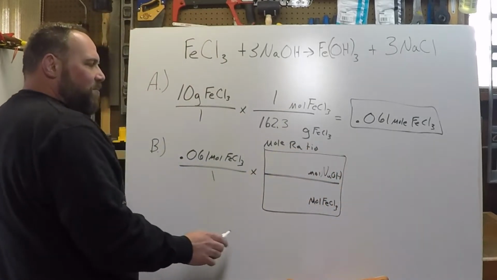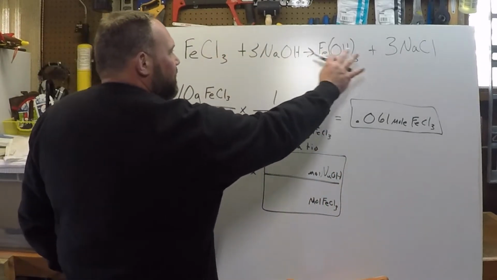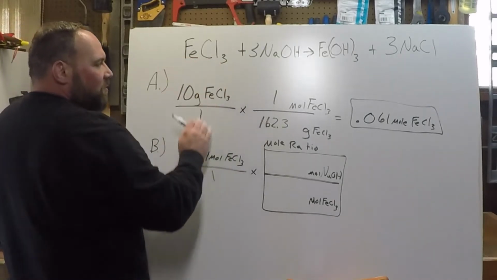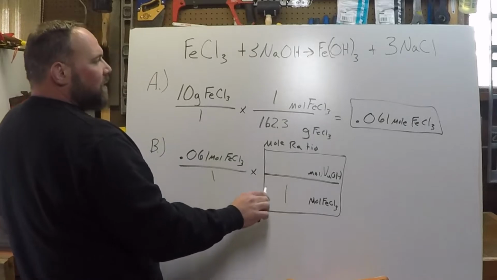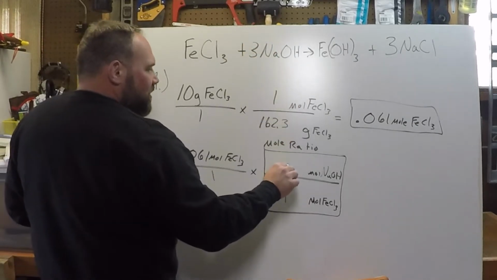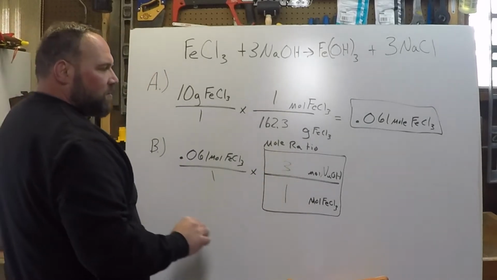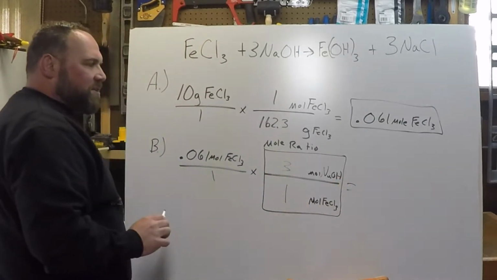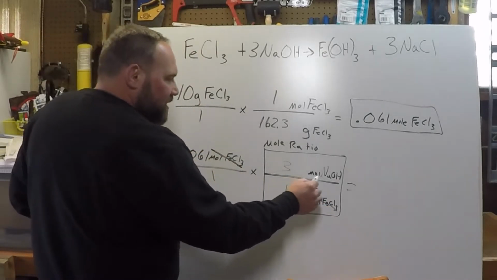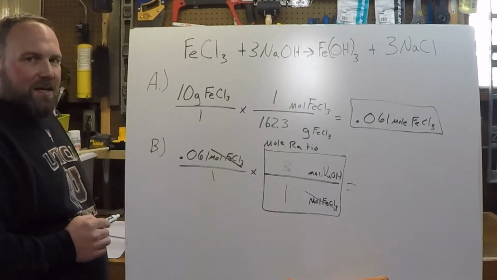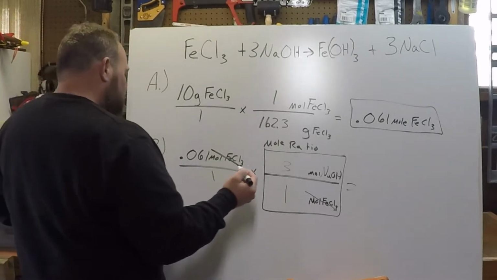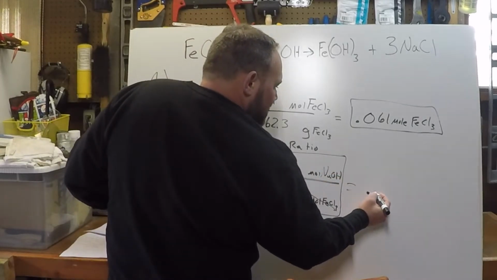Now this is where I put the mole ratio from the equation. For every 1 mole of iron chloride, it is to 3 moles of sodium hydroxide. So this cancels, and it's going to get me moles of sodium hydroxide as my answer. We should get 0.185 moles after we multiply that.